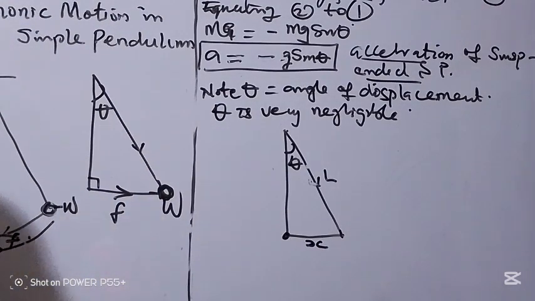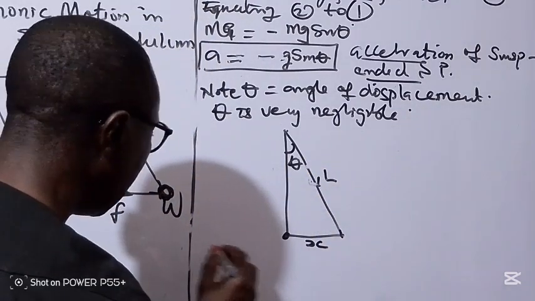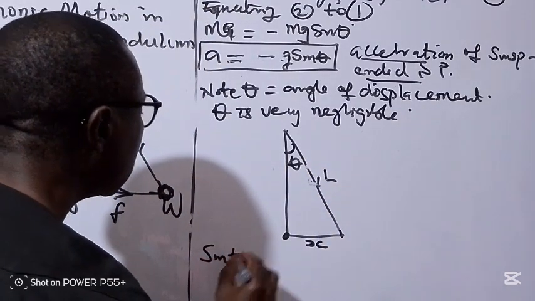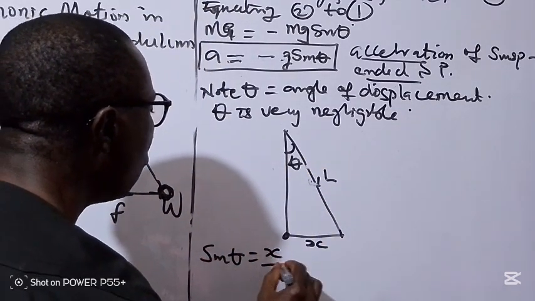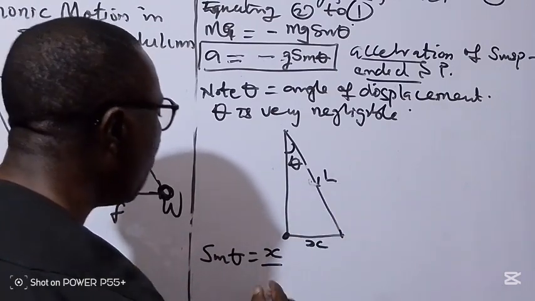So looking at it from this side, we are going to have sine theta equal to x over L, that is opposite over hypotenuse.